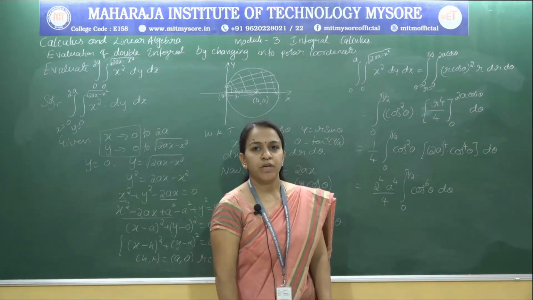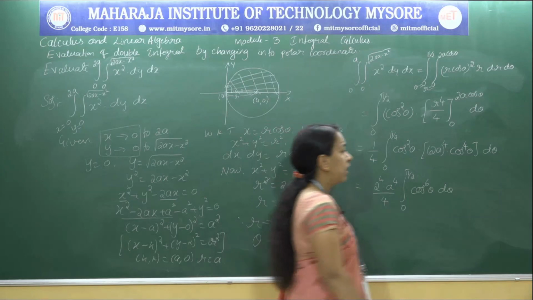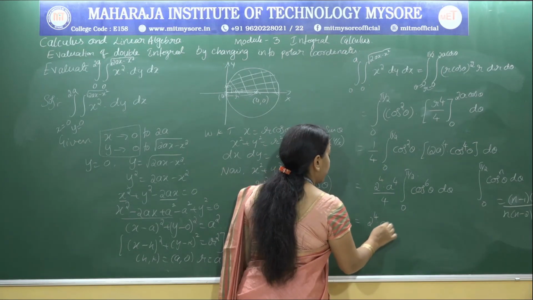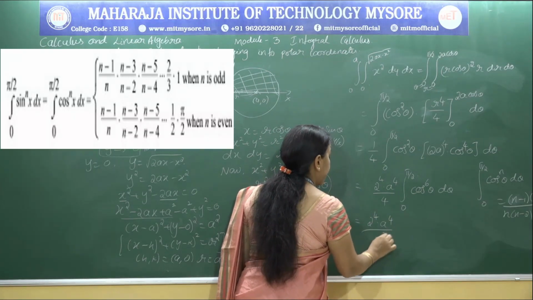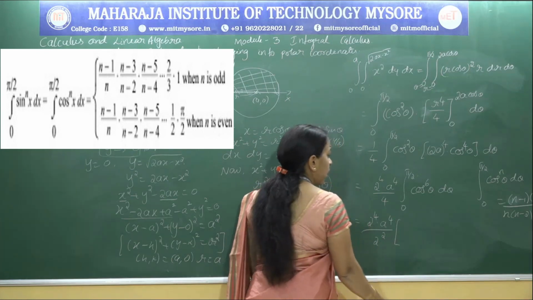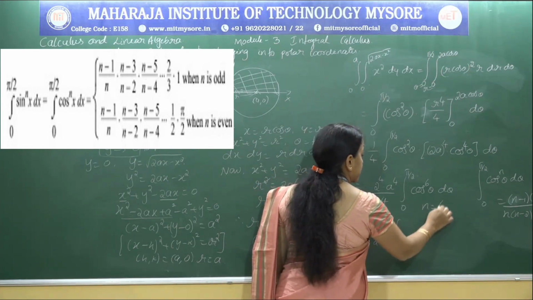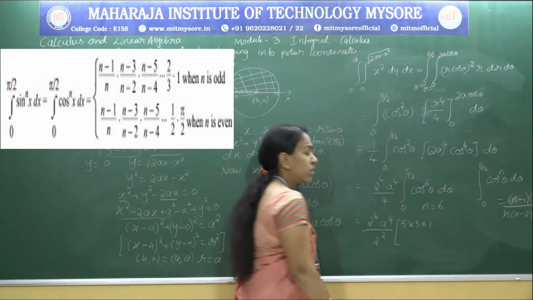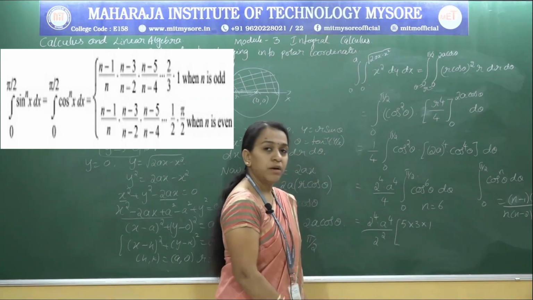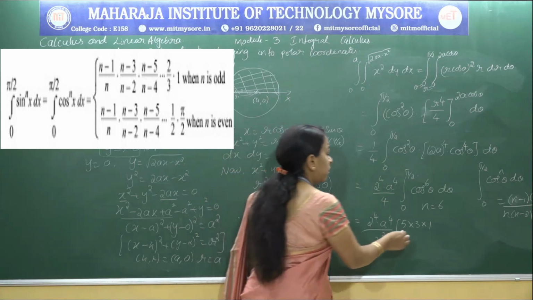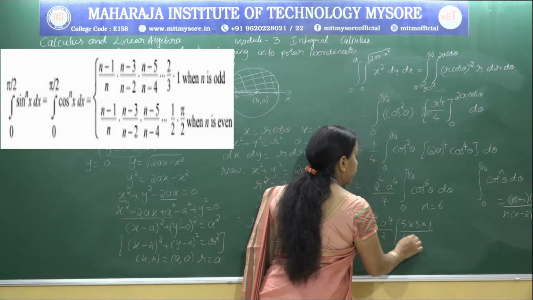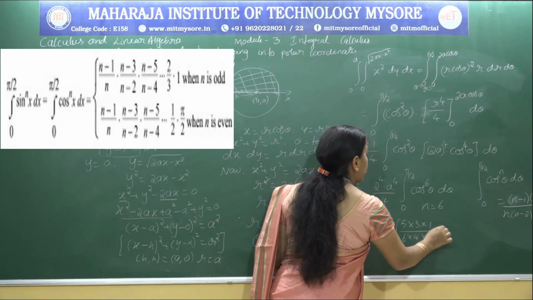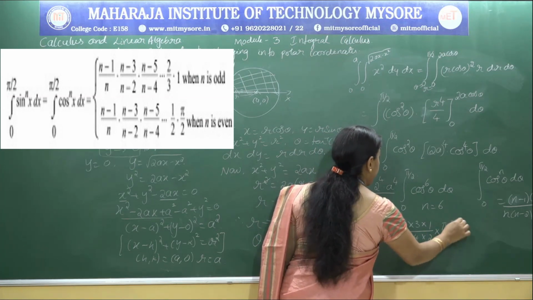So this can be simplified using our standard reduction formula, 2 to the power of 4 into a to the power of 4 by 2 square into, so n is here 6, minus 1 is 5 into 3 into 1. Once you get an odd number in the numerator, expand up to the least odd number, divide by even numbers 6 into 4 into 2 followed by pi by 2.